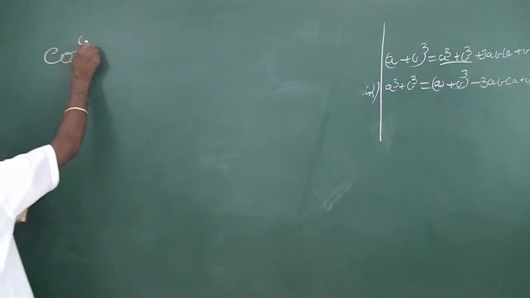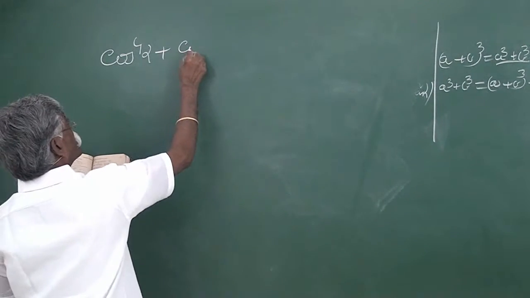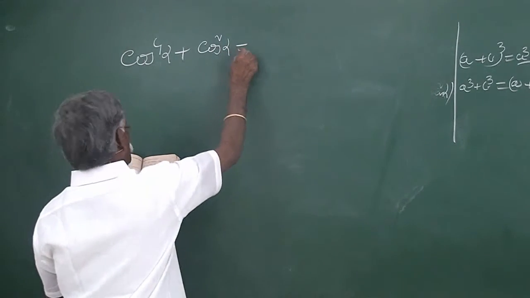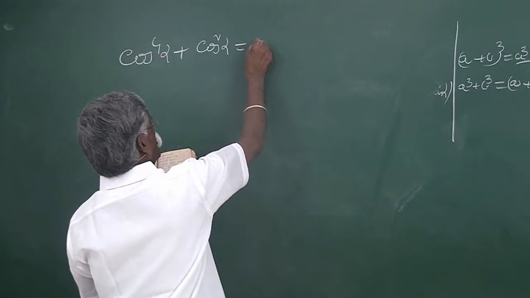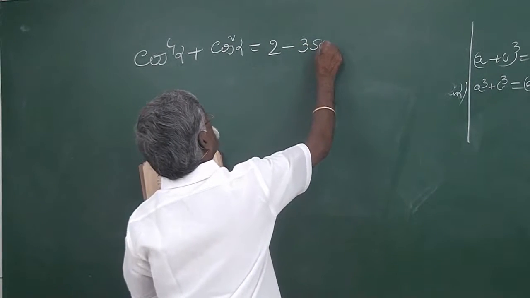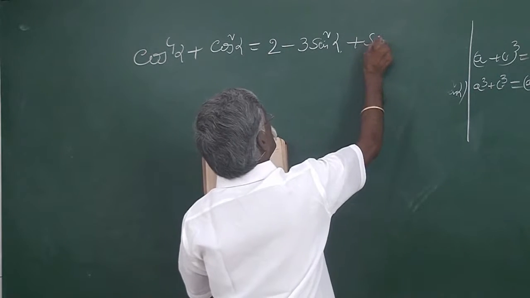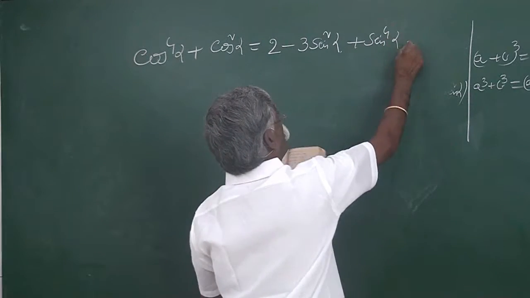Cos power 4 alpha plus cos square alpha is equal to 2 minus 3 sine square alpha plus sine power 4 alpha.